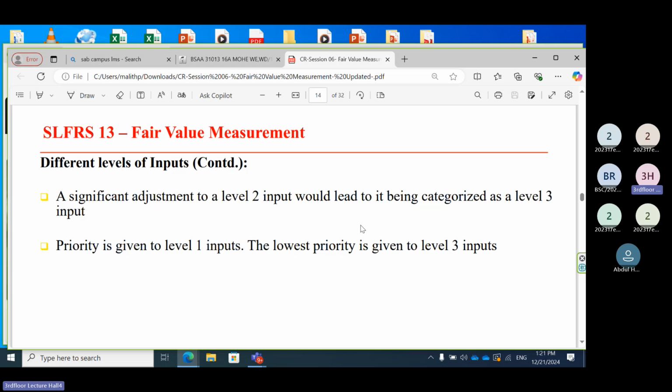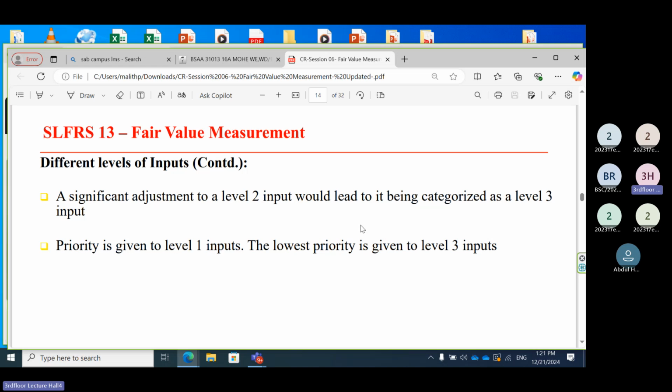Last sentence, really important. As I said, you have to give priority. We give the priority to level 1 inputs, observable inputs. Why? We have more observable inputs, right?